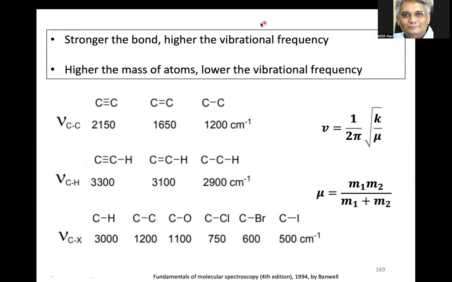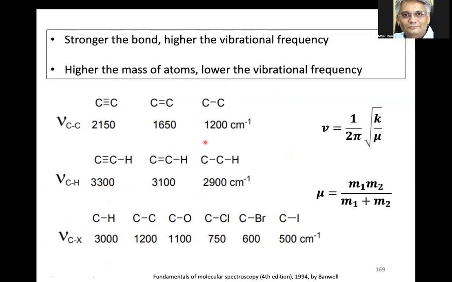Just to give you an impression about this, the stronger the bond, the higher the vibrational frequency; the higher the mass of atoms, the lower the vibrational frequency. And you look at the carbon single bond, double bond, and triple bond. For the triple bond, the vibrational energies are higher. These are all in centimeter inverse.